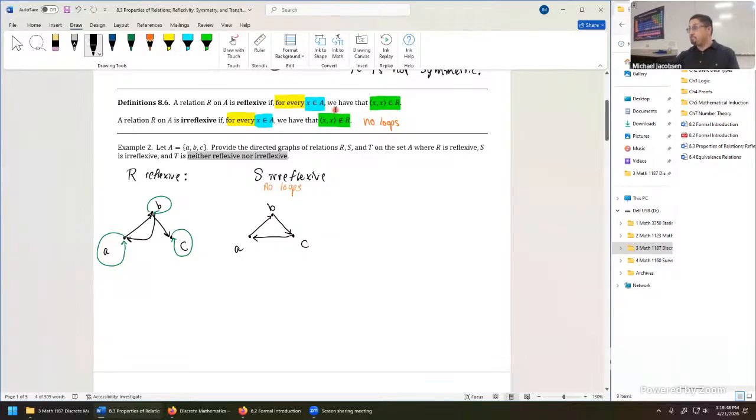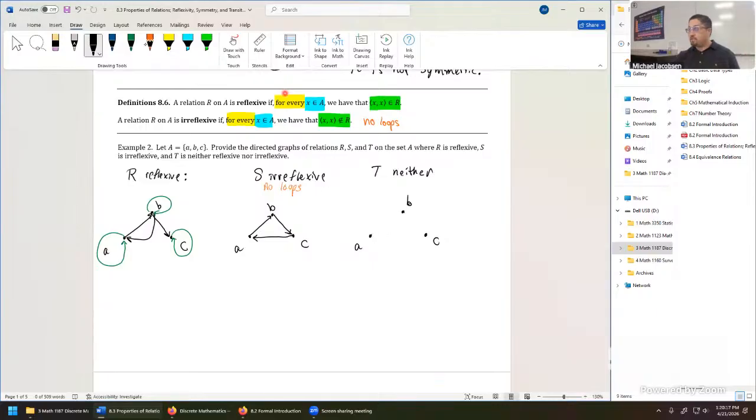So one that is neither reflexive nor irreflexive will have a loop, but not a loop at every single vertex. So here is the relationship T, neither. Essentially, all we're again using is our logic on what these really are. These are just quantifiers. Negate these, and you've broken the definition.